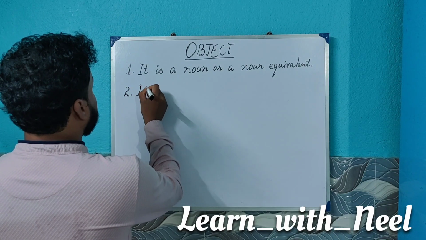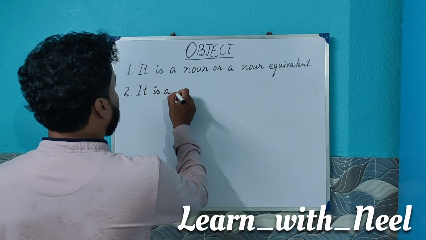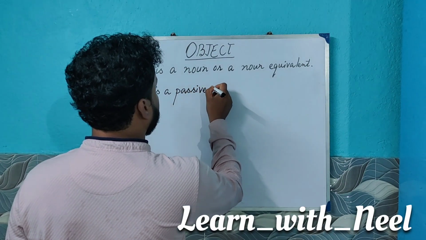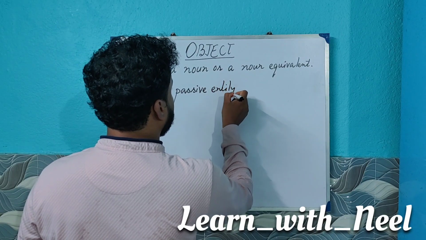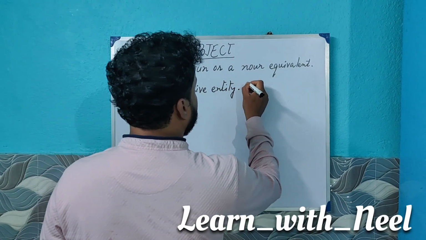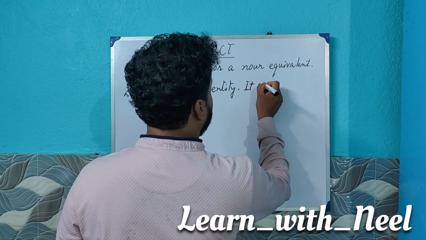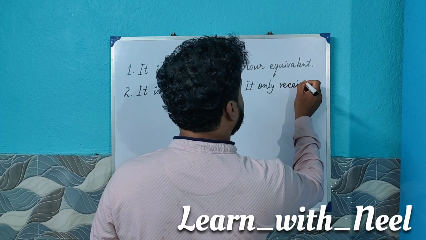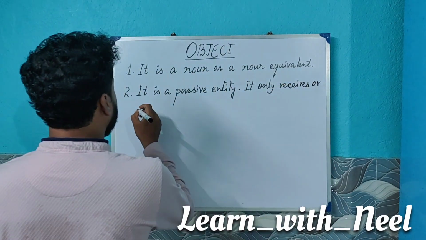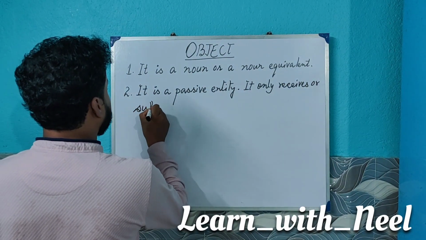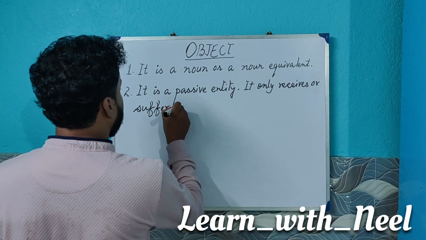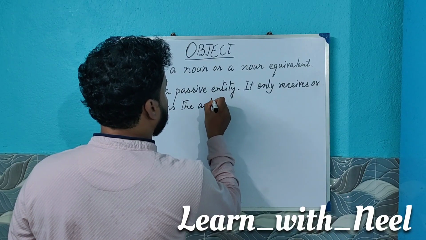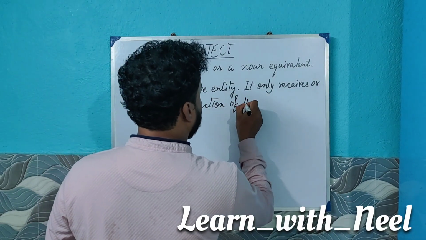An object is a passive entity. It only receives or suffers the action of the doer.